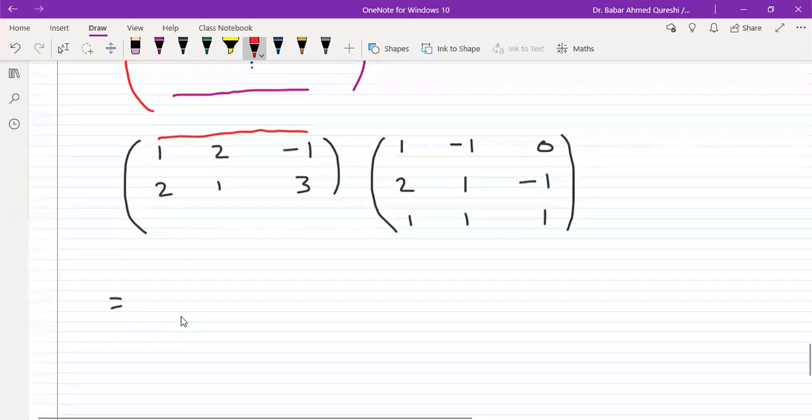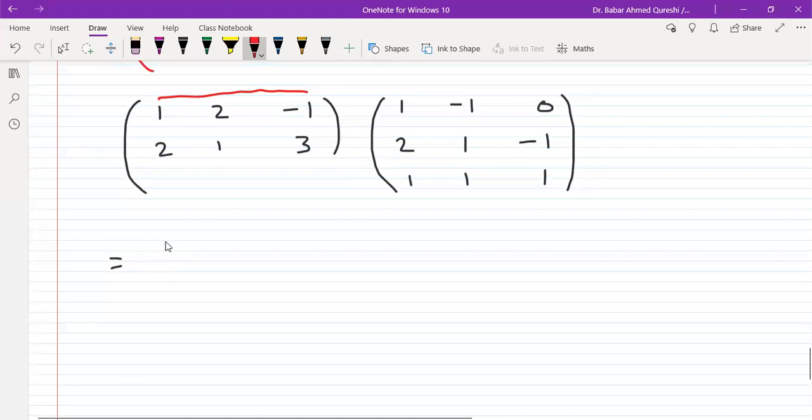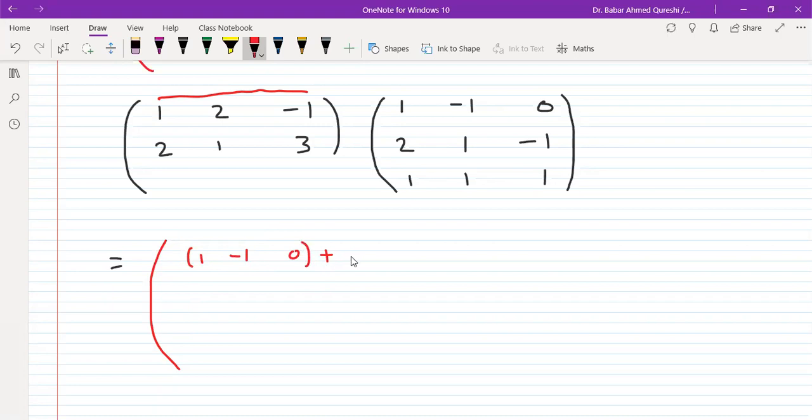And that will be your first row. So what's the linear combination? It's 1 times minus 1 0 plus 2 times 2 1 minus 1 plus minus 1 into the last row.